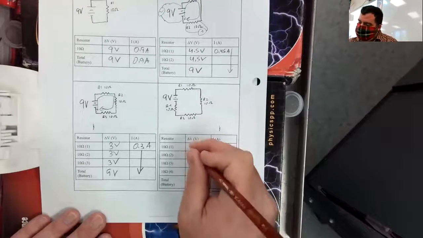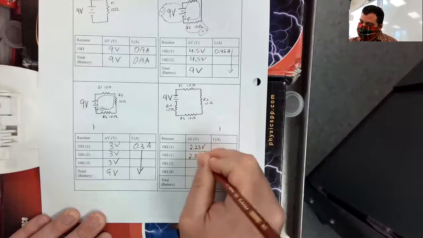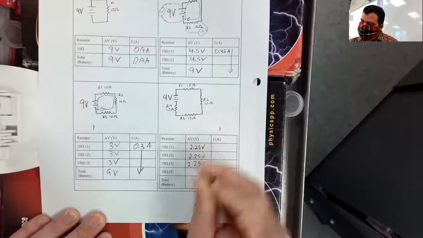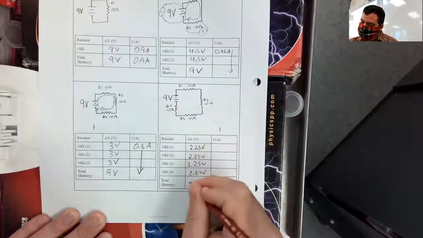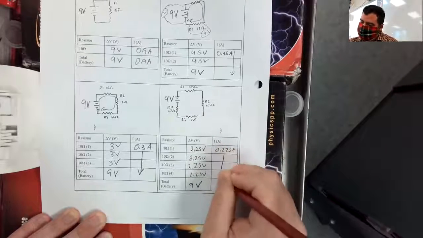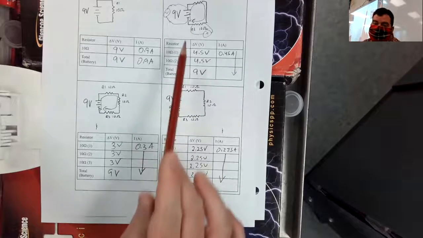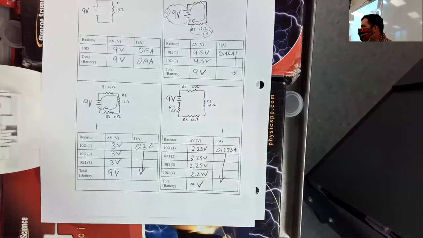And then here we had to share. Okay, so the pattern I want you all to see is that the more resistors you add, the less current.